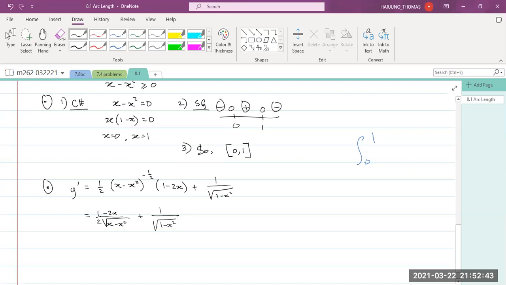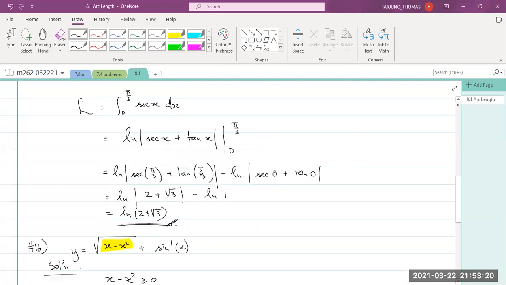Dude, this is ugly. I need to square this. I just hope I don't make any mistake here though.